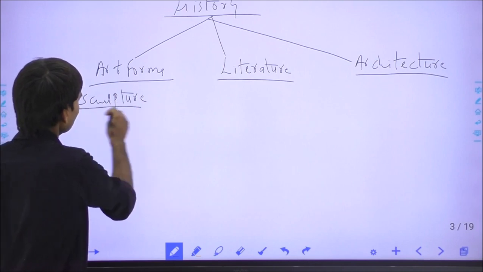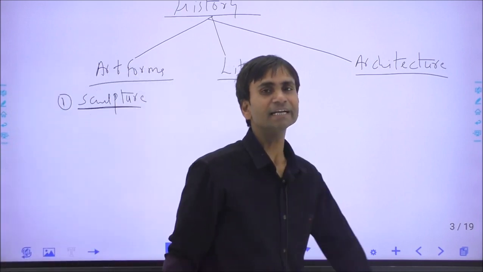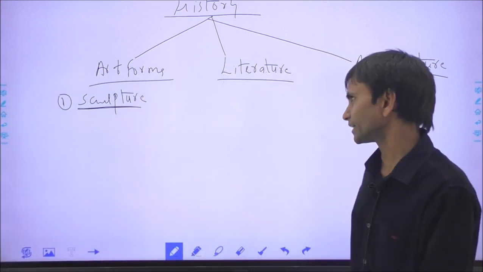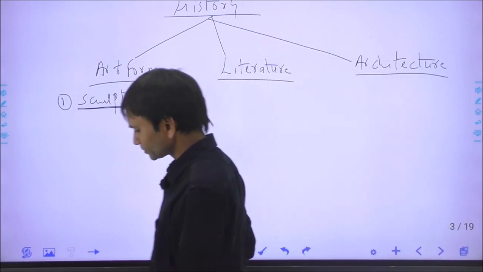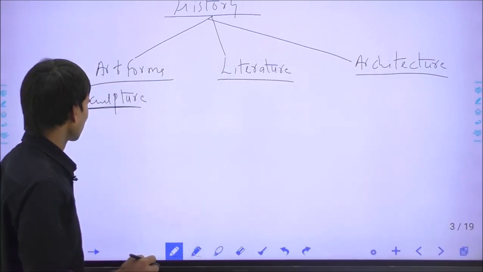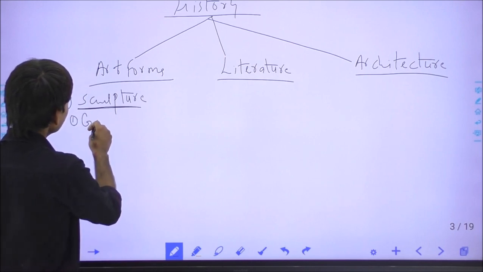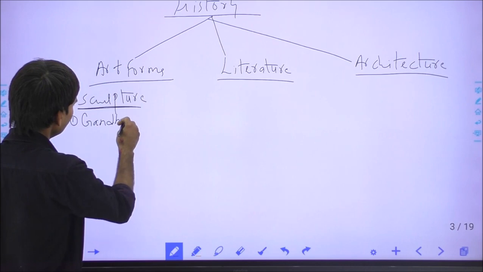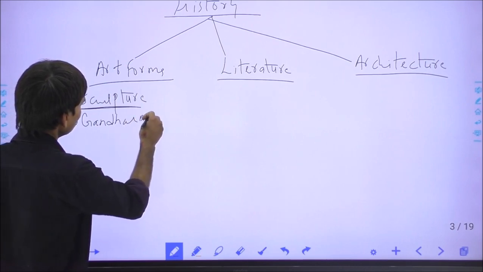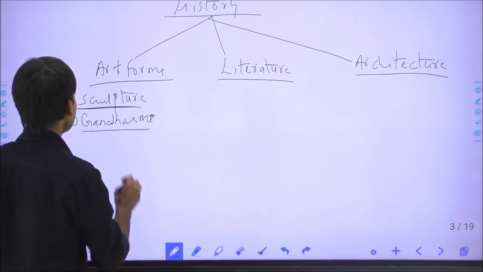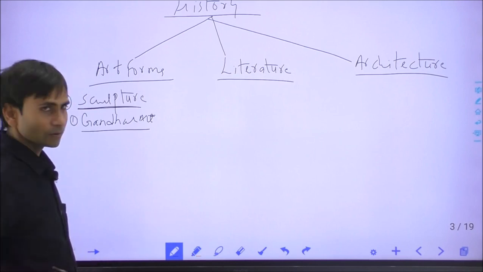In the development of sculpture from the ancient time, medieval or the present time. So from the ancient time we can trace, this is the Gandhar art. Gandhar art is the first most important part of the art form.